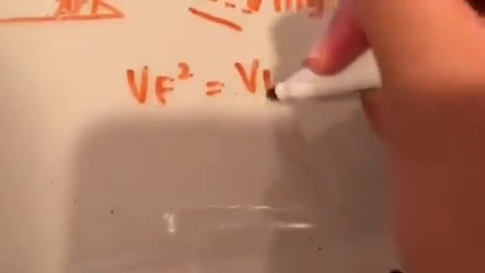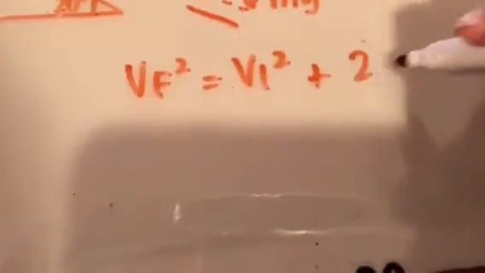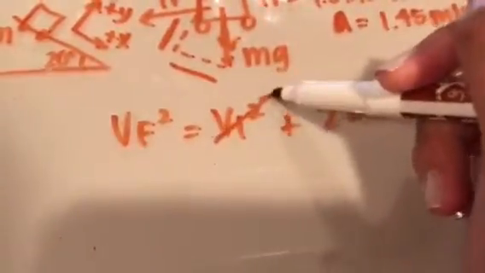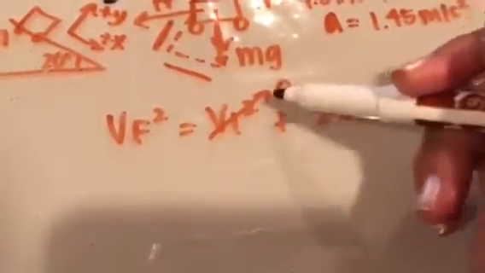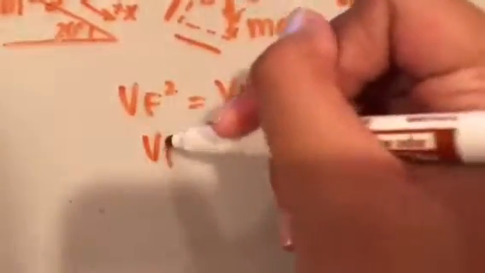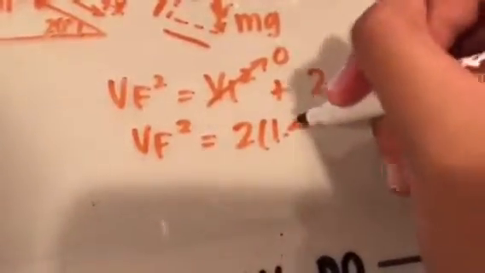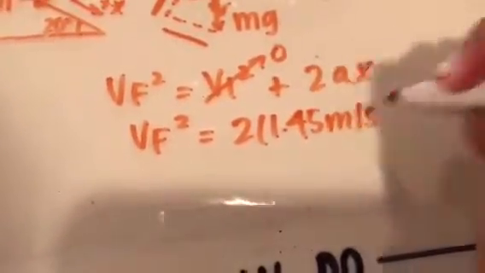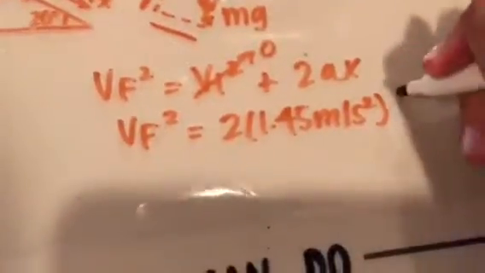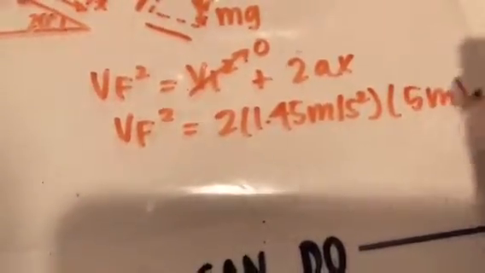So we can use the kinematic Vf squared equals Vi squared plus 2ax, and since the car is starting from rest, we can assume that Vi is 0, so we have Vf squared equals 2 times our acceleration, 1.45 meters per second squared, times our displacement, which is 5 meters.